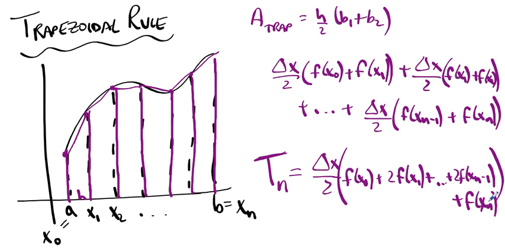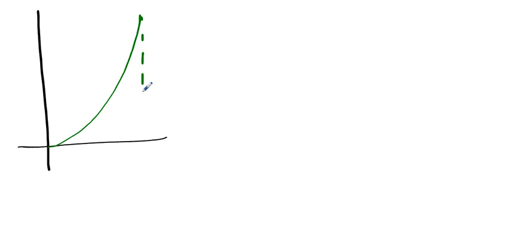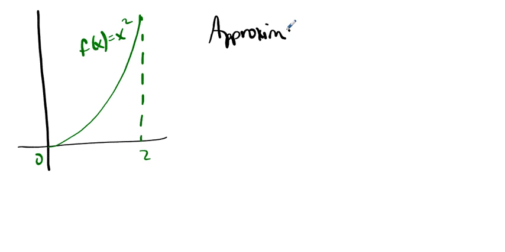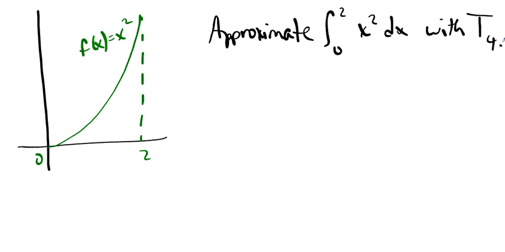So how does that look practically? Well, practically, let's pretend that we have f of x is x squared, and we're looking at the interval from 0 to 2, and I want to approximate the integral from 0 to 2 of x squared dx with a trapezoidal approximation for 4 subintervals. We know what those little boundary points are going to be.